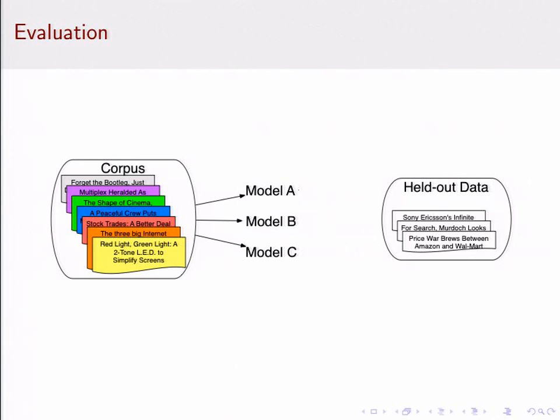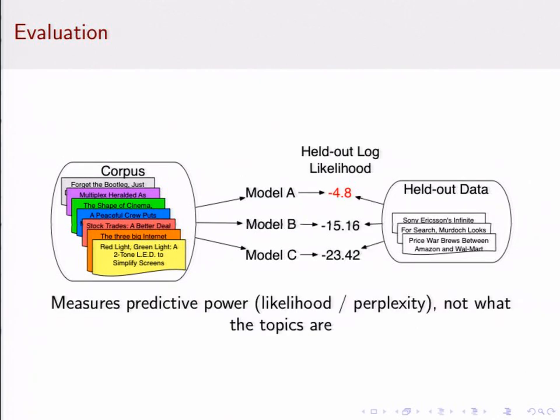Typically, what people have done in the literature is you have a corpus, you fit a bunch of models, and then you compute the held-out log likelihood on held-out data. This held-out log likelihood, or perplexity, gives you a measure of the predictive power, but it doesn't really measure what the topics are.